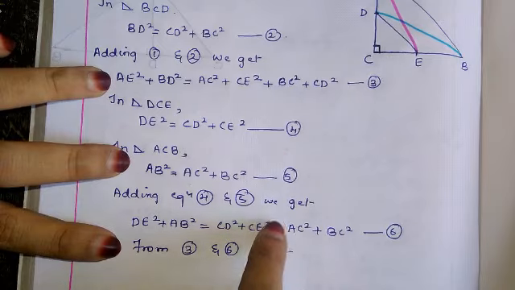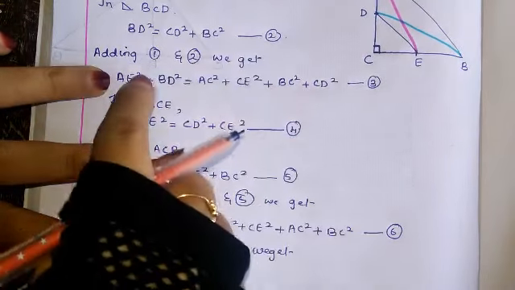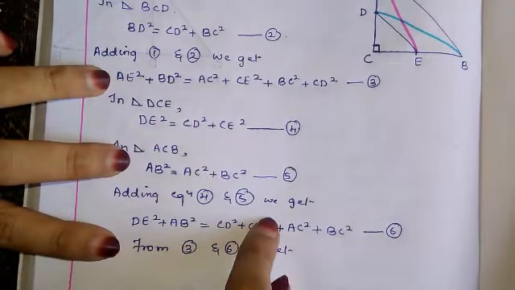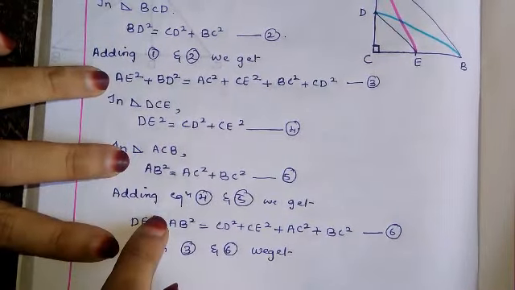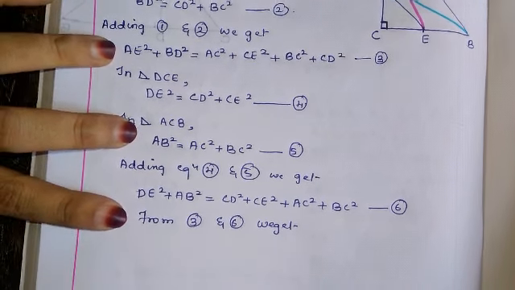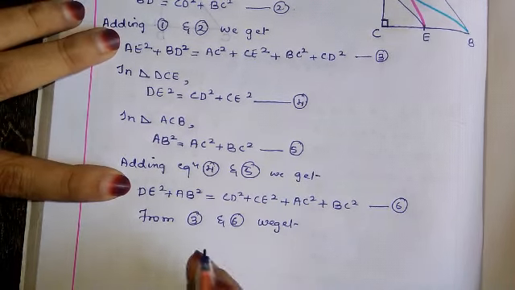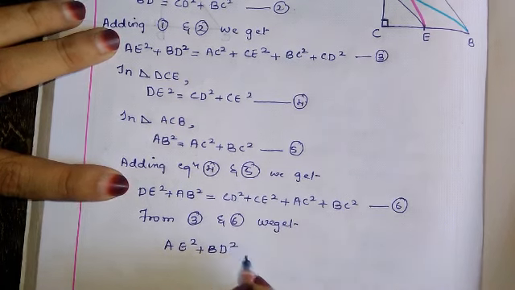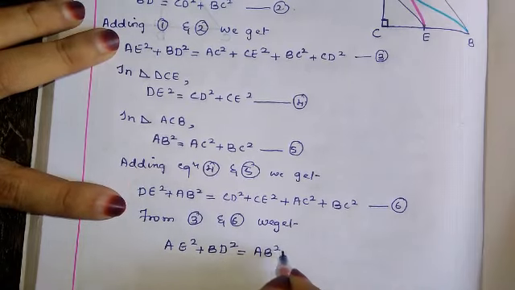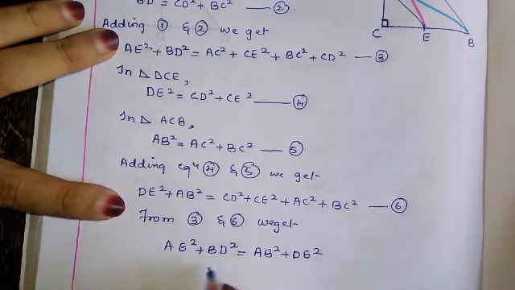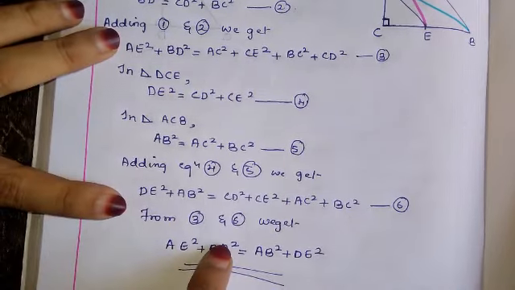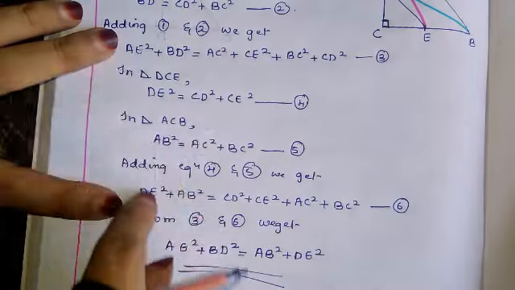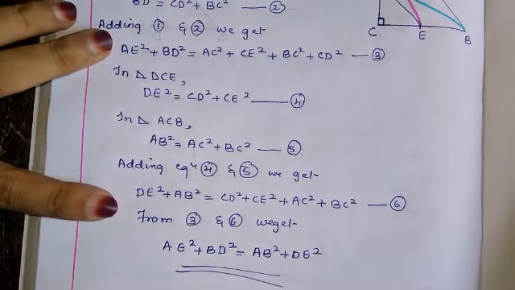And we know that things which are equal to the same thing are equal to one another. These two are equal, then these two also are equal, which you people have learned in 8th standard as an axiom. Therefore AE square plus BD square is equal to AB square plus DE square. This is only what they have told us to prove. We got the answer.